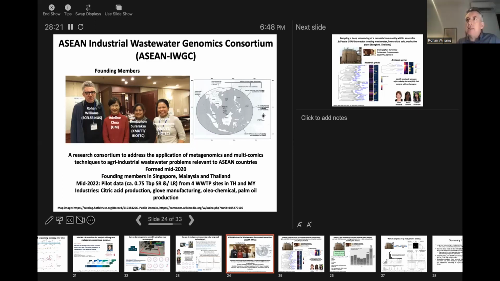And the idea with this consortium is that we're going to use these genome-resolved techniques to obtain genomes from microbiomes that are involved in agri-industrial waste treatment in ASEAN countries. And this is a big area because of palm oil production and other industries. And I think these industries are also very important in India as well.